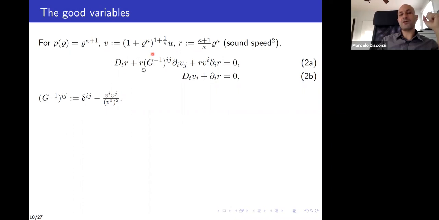So this is a Riemannian metric that you now have in this equation. In particular, because this is a metric and you have here the derivative of the components of the velocity, this term is precisely a divergence operator. It's not divergence with respect to the Euclidean metric, it's divergence with respect to this other metric here.